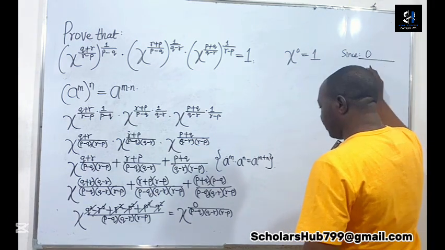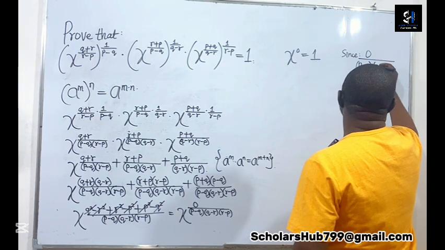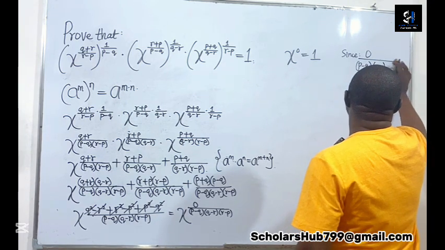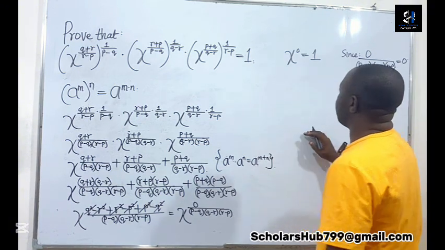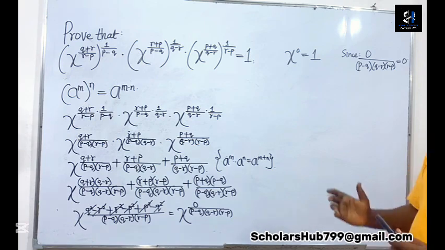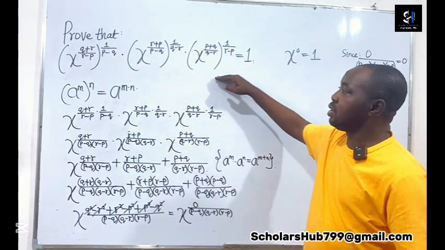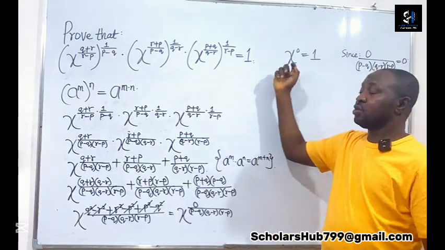Since 0 divided by the product of (p minus q), (q minus r), and (r minus p) is equal to 0, and we know that any number raised to the power of 0 is 1, this is how to prove that the product of these exponential expressions is equal to 1.